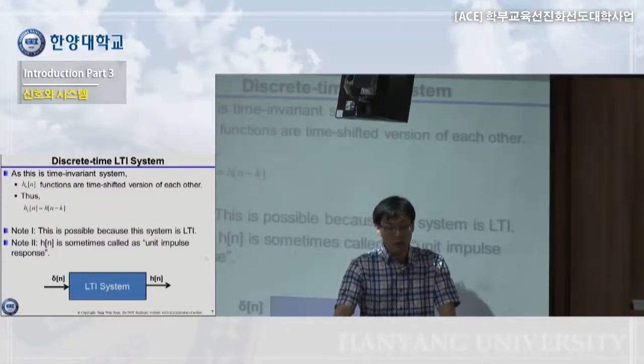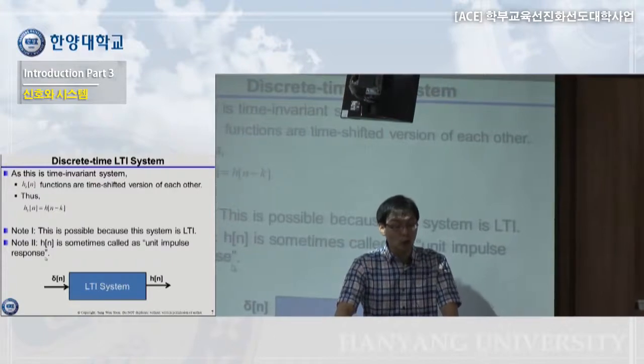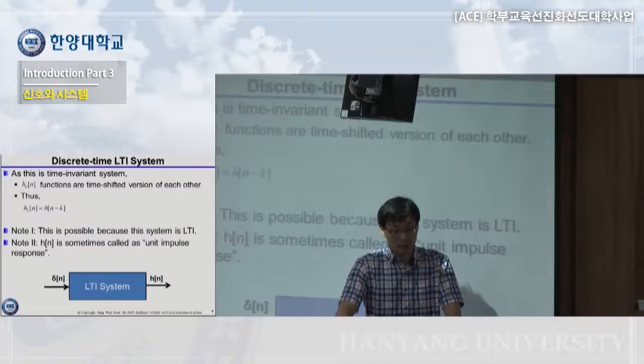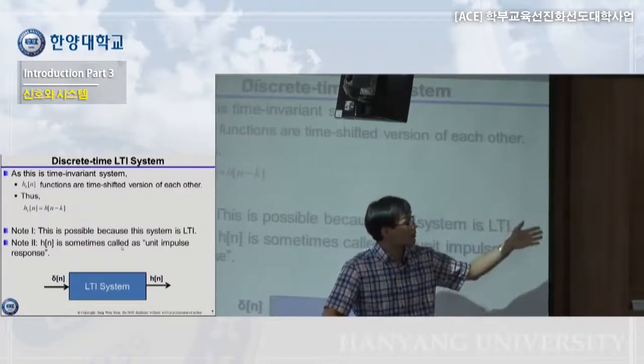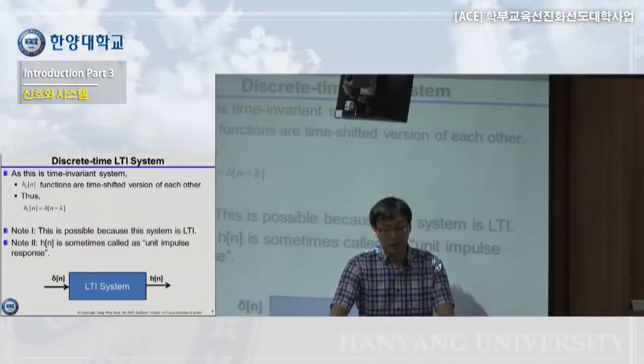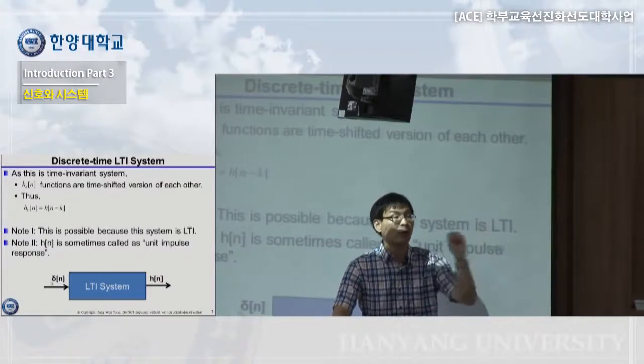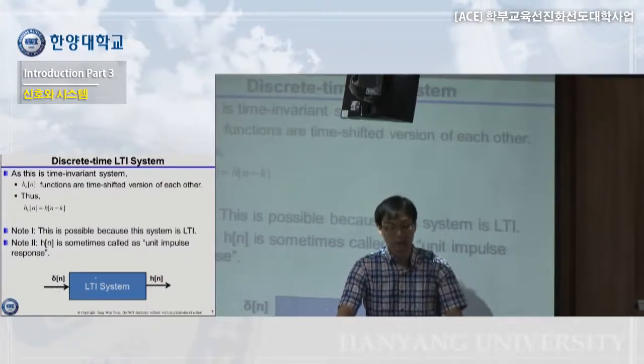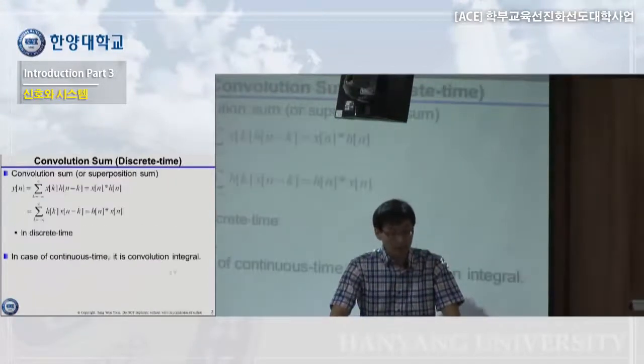But often we shorten it to just the impulse response, which is representing the system when the input is delta, the output is Hn. The Hn is the same as the system itself because the delta is picking up a value at each point. Yes?